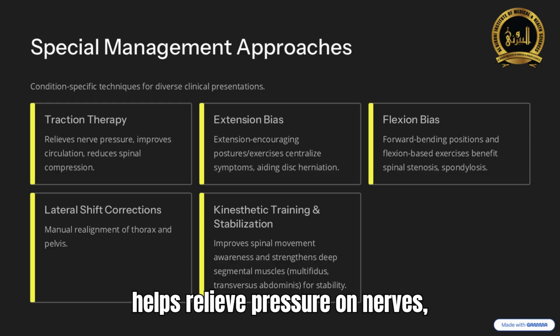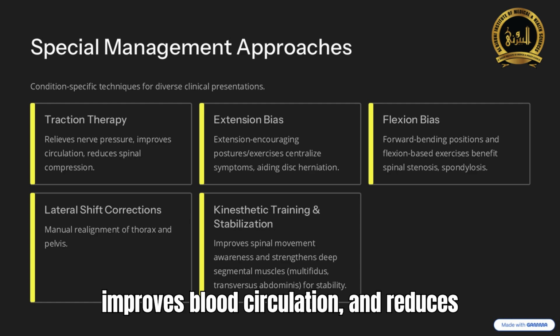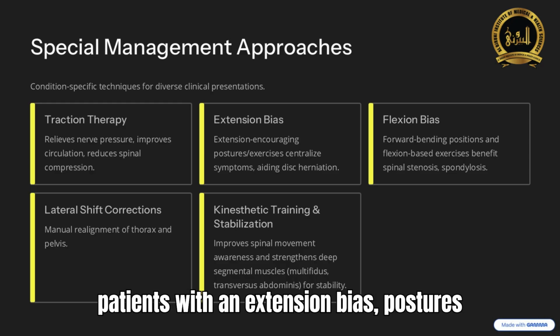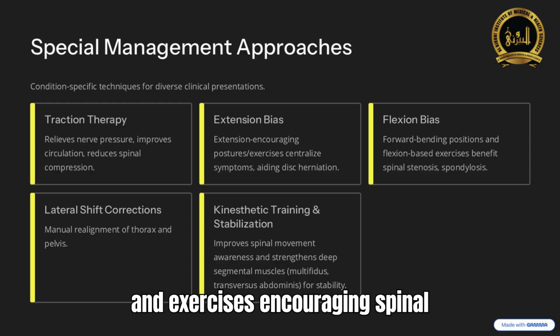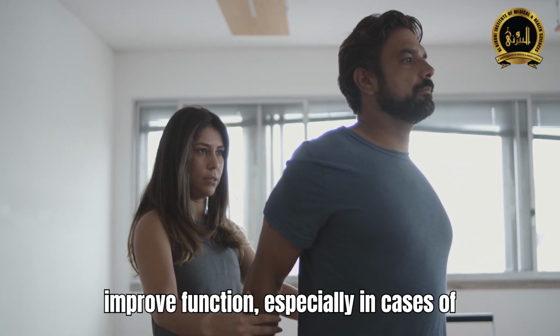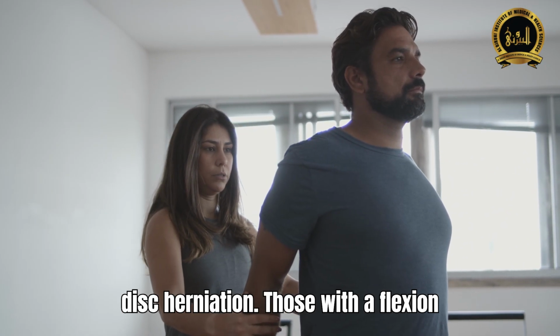Special management approaches. Some patients require condition-specific management techniques depending on their clinical presentation. Traction therapy helps relieve pressure on nerves, improves blood circulation, and reduces compression in the spinal structures. For patients with an extension bias, postures and exercises encouraging spinal extension can centralize symptoms and improve function, especially in cases of disc herniation.